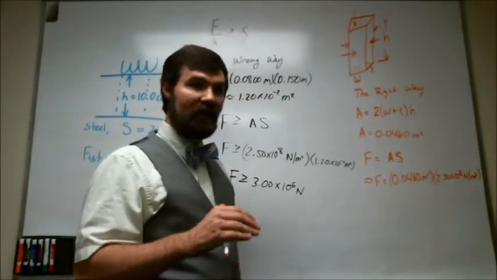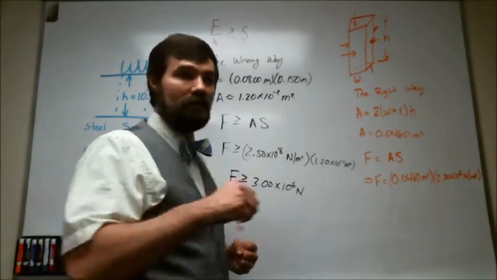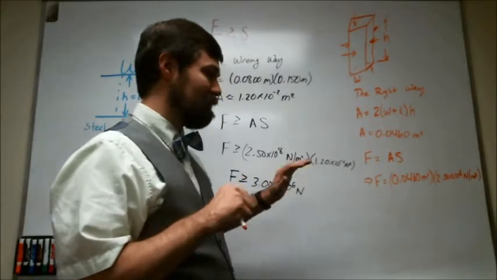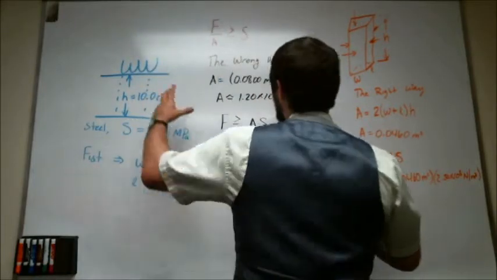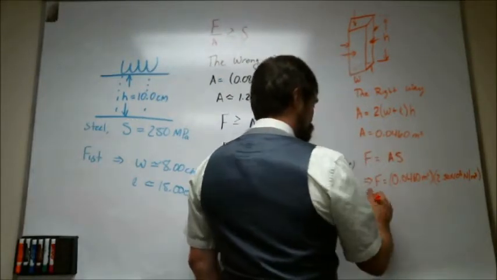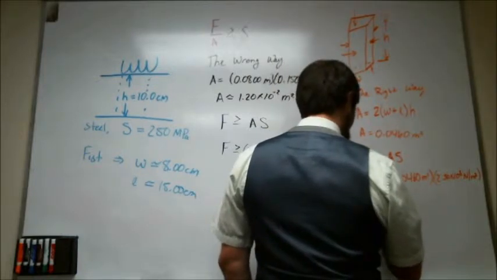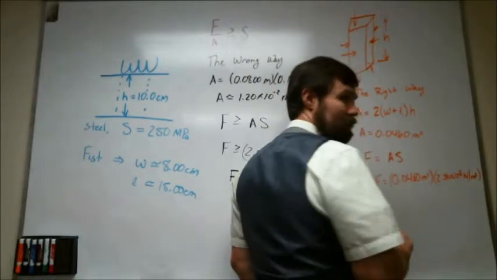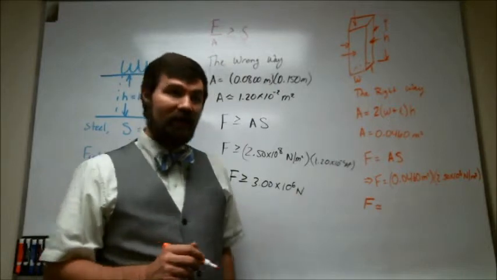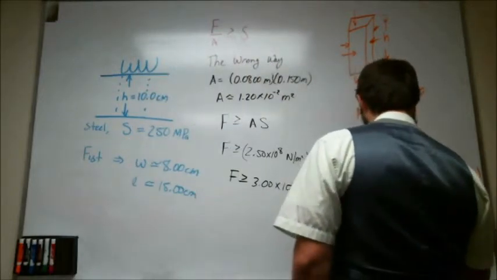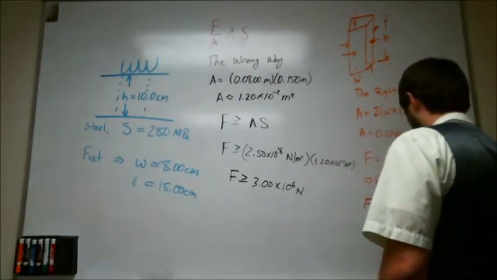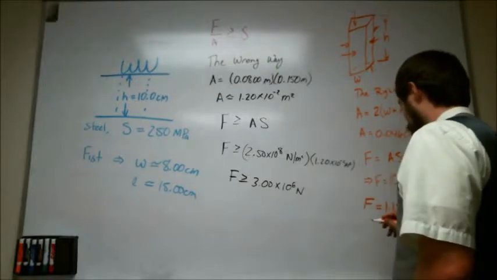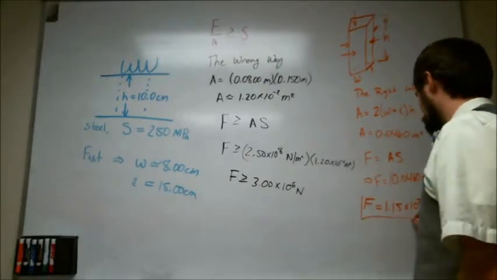And so that gives us the actual force needed to punch through this piece of steel. So that total force, therefore, is actually equal to 1.15 times 10 to the 7 newtons, or 11,500,000 newtons.